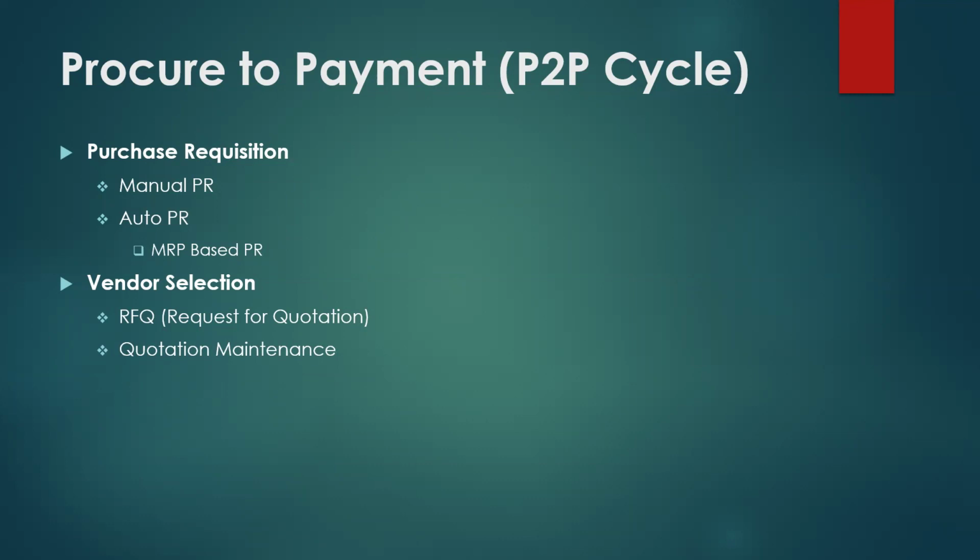Once we receive that quotation, we maintain it in SAP, and a price comparison is also done. From the price comparison, we can know which vendor is suitable for our material based on quality, cost, and delivery terms and conditions.